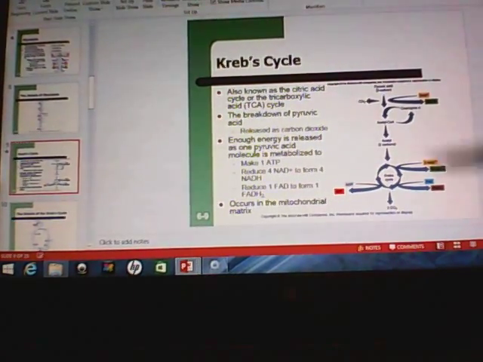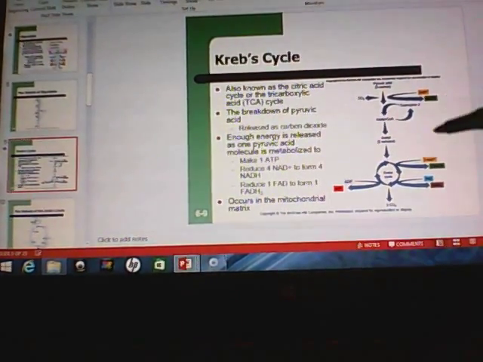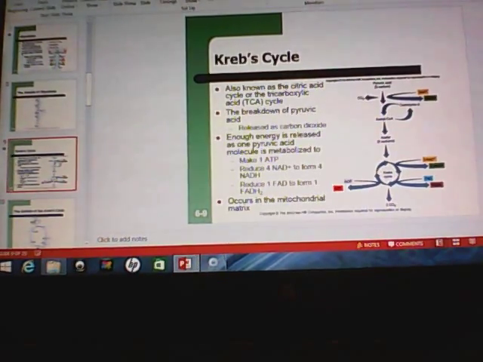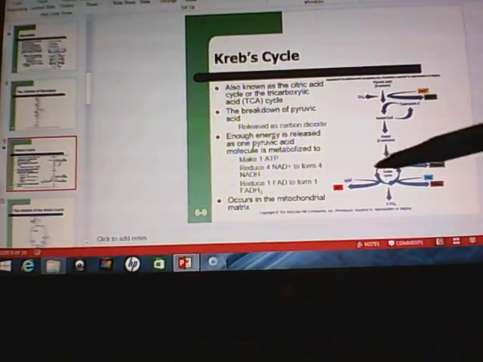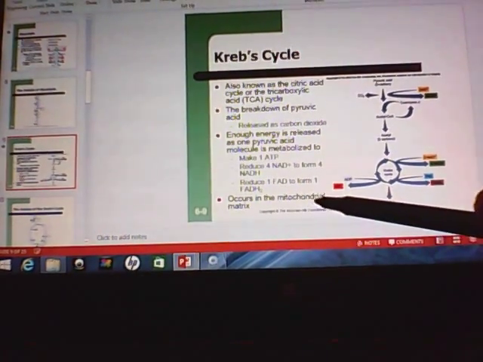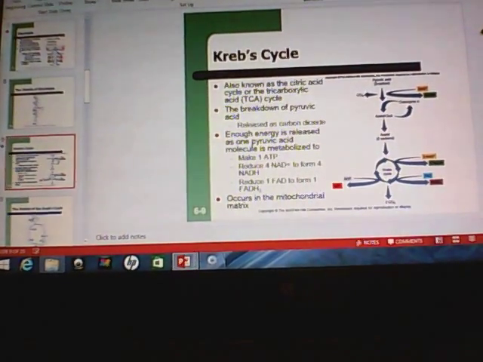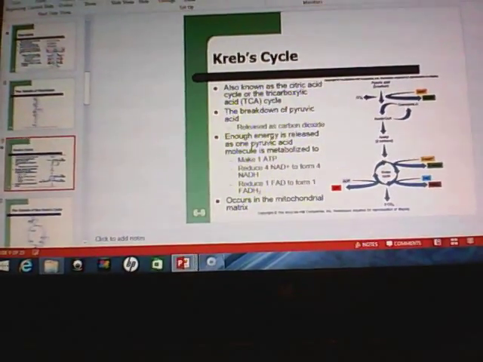When you hear either of those names, they're talking about the Krebs cycle. This is where we break down pyruvic acid. What is important here is that this is the first time the process occurs in the mitochondria, in the matrix of the mitochondria. Glycolysis happened in the cytoplasm, but this one happens in the mitochondria.